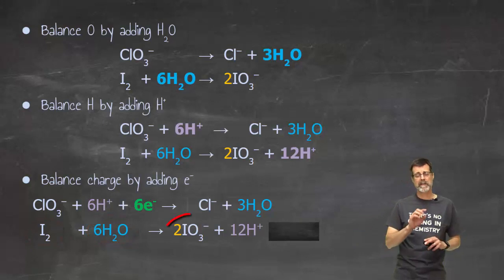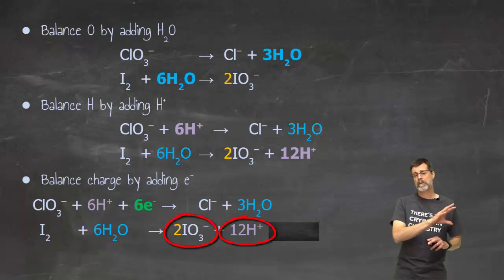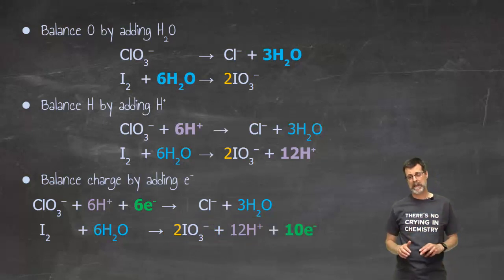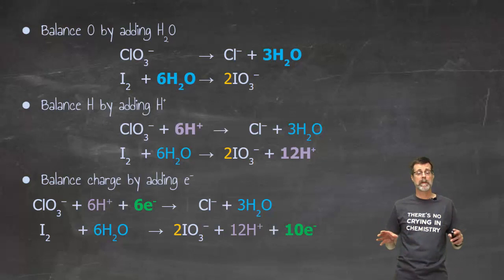On the product side, I've got 2 -1s and 12 positives. That gives me a total of 10, which means I need to bring that down to 0. I'm going to add 10 electrons. Now remember, total number of electrons lost equals total number of electrons gained. 6 and 10, they're not the same. I'm going to have to do something to make those numbers the same.